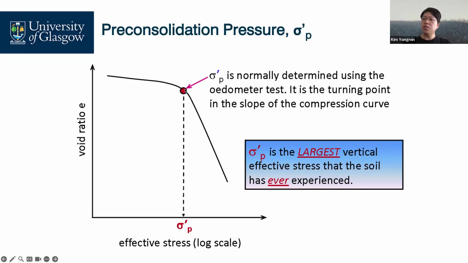But here's my maximum. After this stress, I can't resist. I can't stand. So your volume significantly changes. That's why we can say that the pre-consolidation pressure is the largest past effective stress.